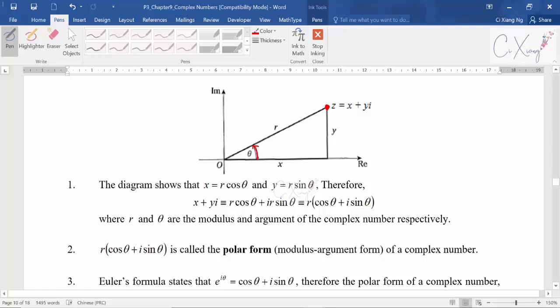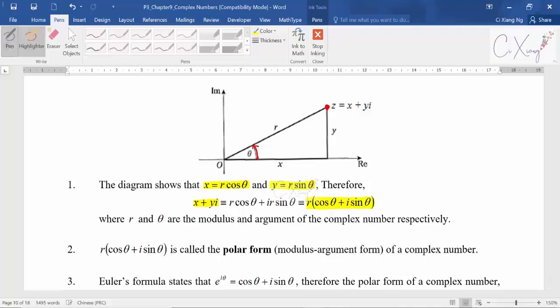From the right angle triangle, x over r is cos theta, therefore x is r cos theta, and y is r sine theta. When you want to rewrite x plus yi, you substitute x equals r cos theta and y equals r sine theta, so it becomes r bracket cos theta plus i sine theta.